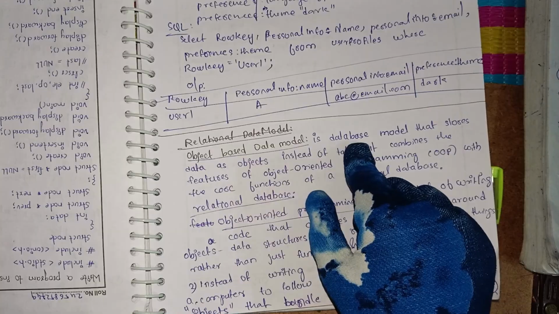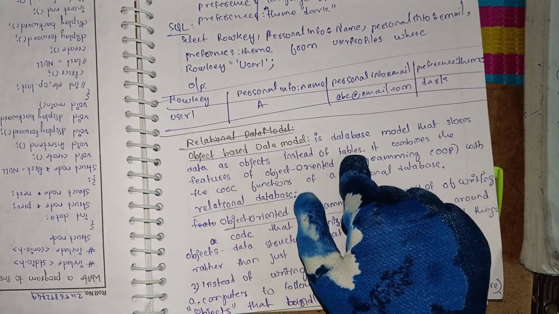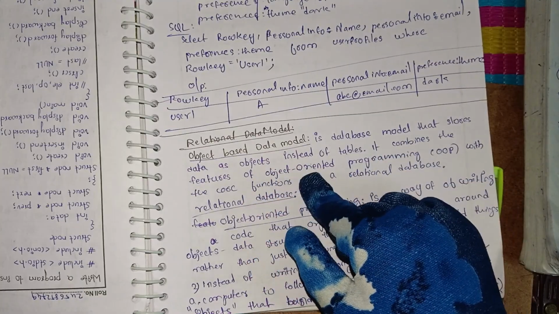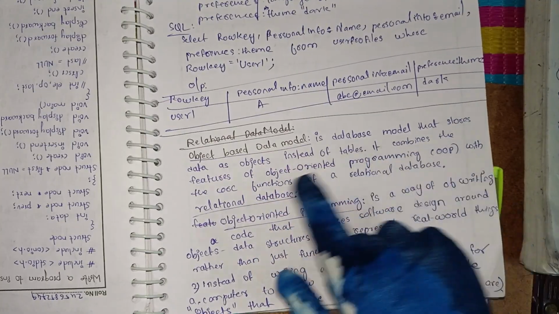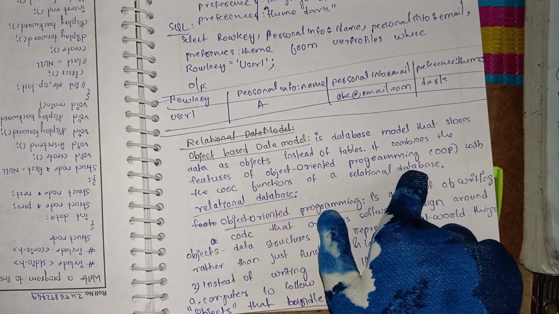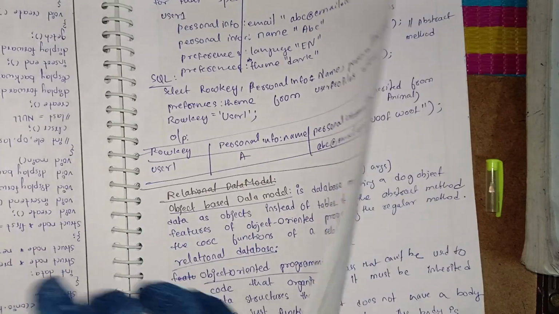Object-based data model is a database model that stores data as objects instead of tables. It combines the features of object-oriented programming (OOP) with the core functions of a relational database. So, what is a relational database?